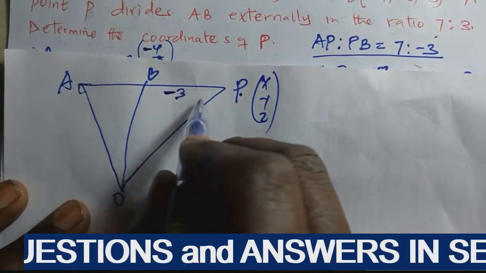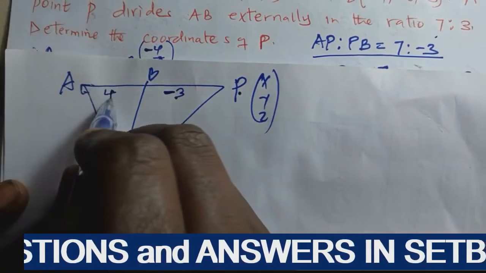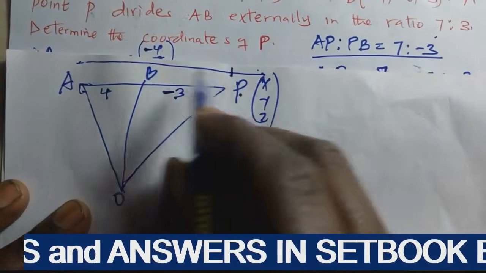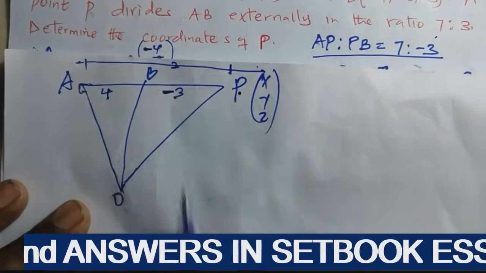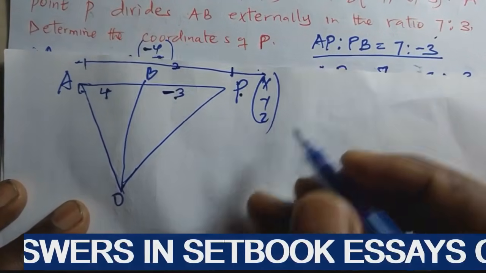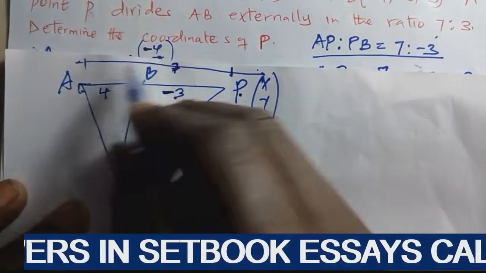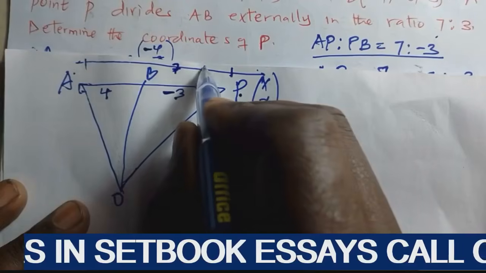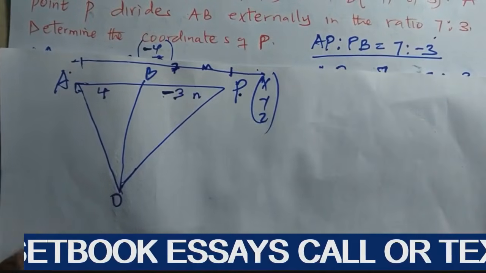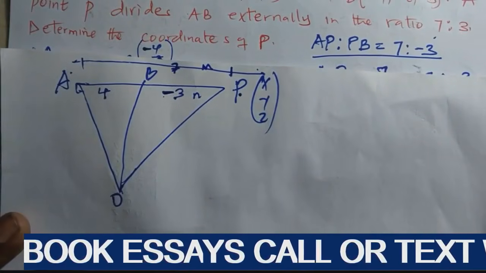And if that is the case, this one is 4. But from here up to here is 7. So if you understand like that, then from here up to here is m, this negative is n. That's how we are going to get our ratio now.